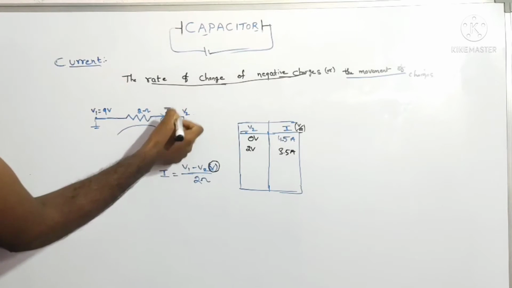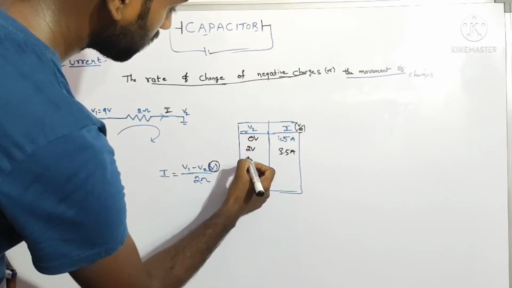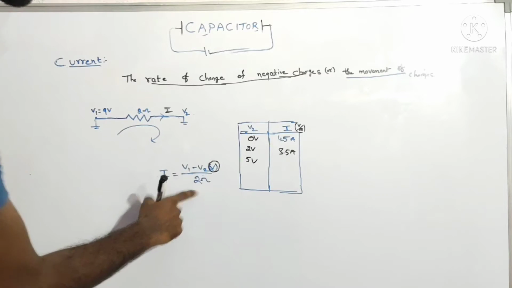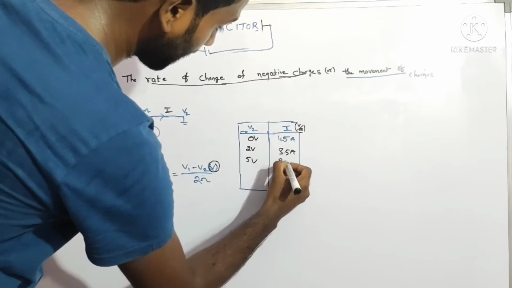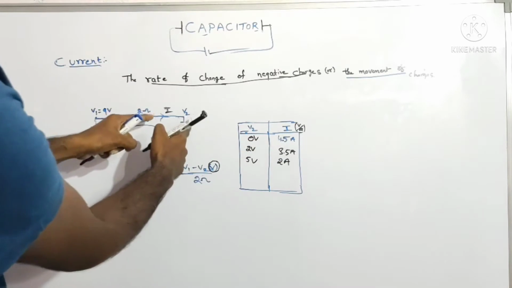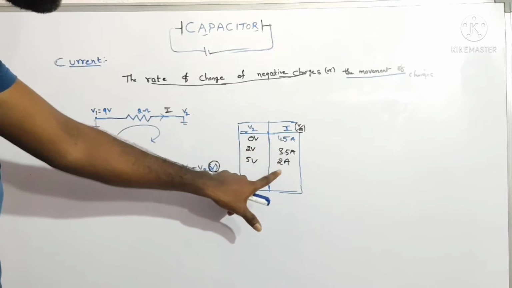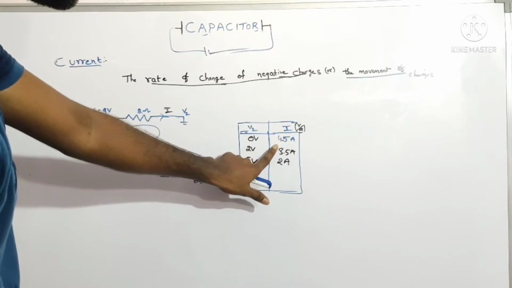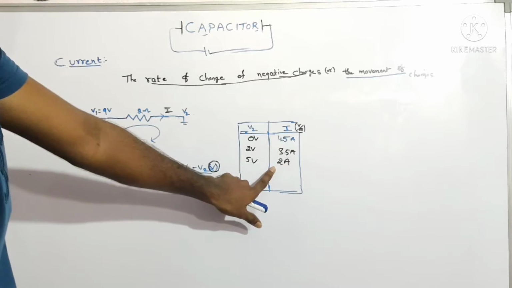Now I'm changing this V2 to 5 volts. 9 minus 5 is 4. 4 over 2 is nothing but 2 amperes. You can observe here, by changing this potential, the current is also changing. It is varying and it is decreasing.